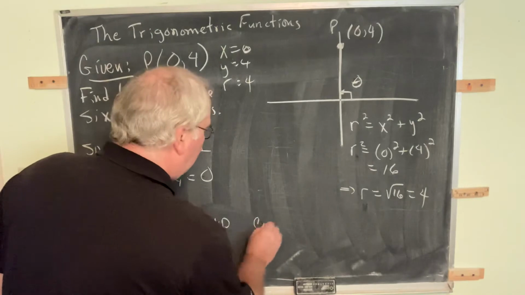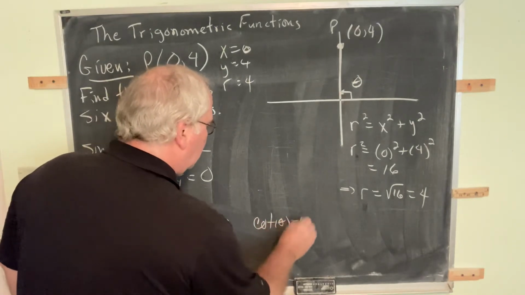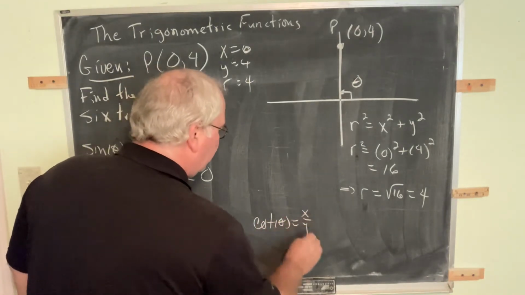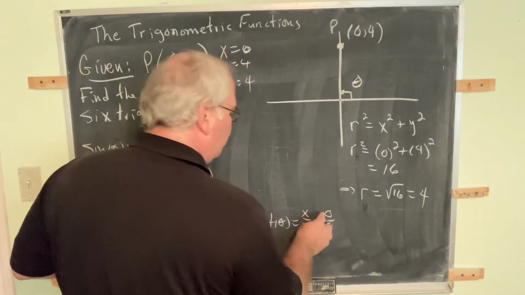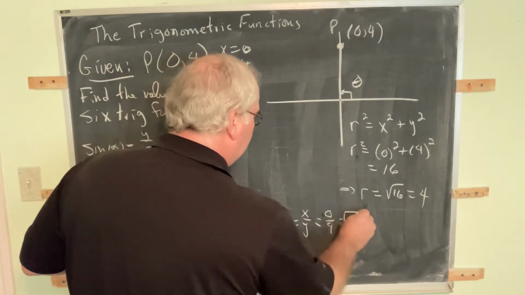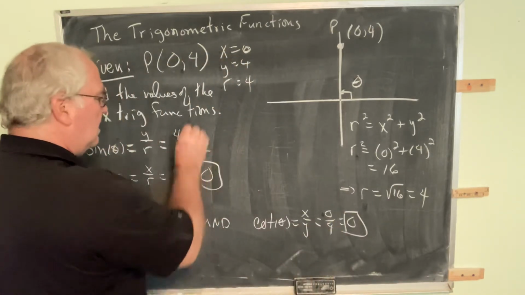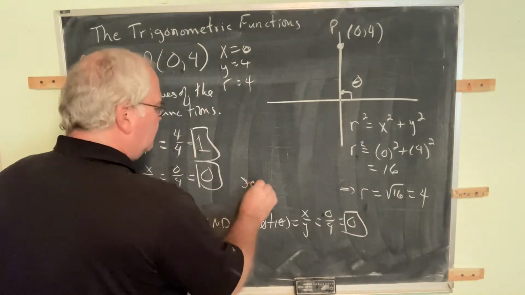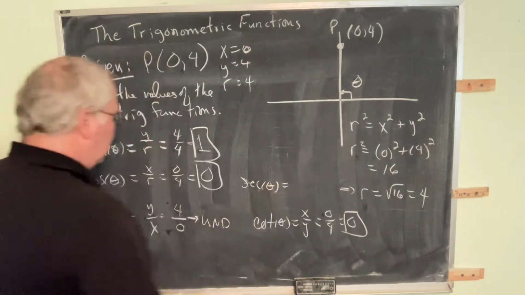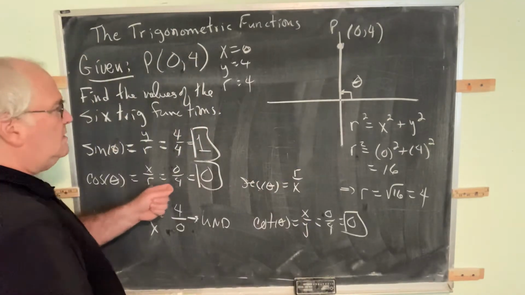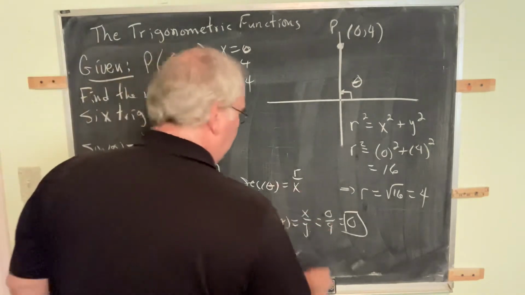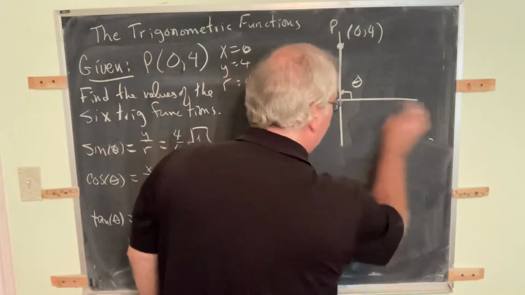Then, cotangent. Cotangent is x over y. There's no problem here. X over y is 0 divided by 4. 0 in the numerator is nice. That's equal to 0. Secant. Secant is r over x. R is 4, x is 0.